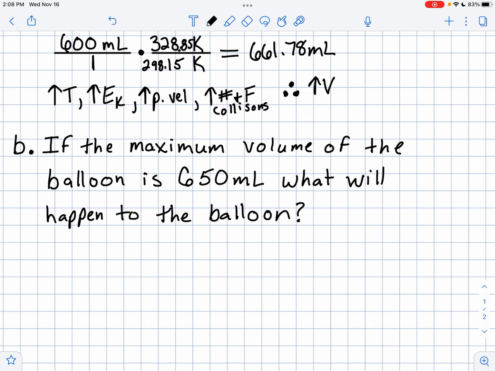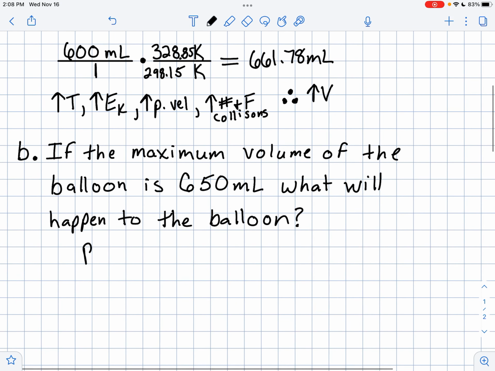And so what that tells us is the pressure inside the balloon at this point is going to be much greater than the pressure outside the balloon. I'm at a higher volume, and the maximum volume is 650, and I'm at 661.